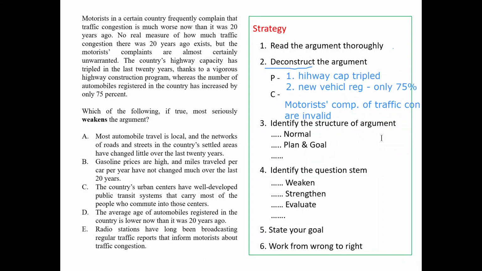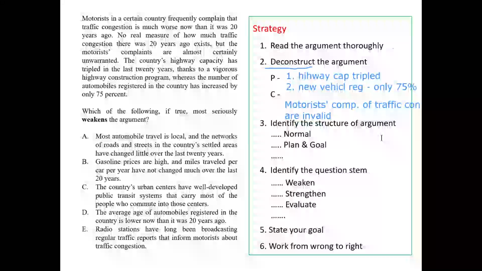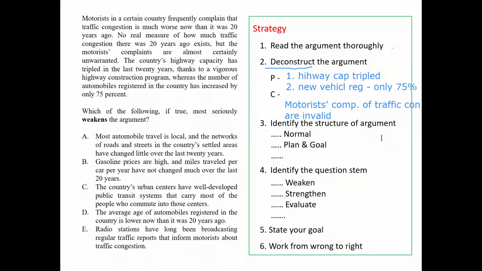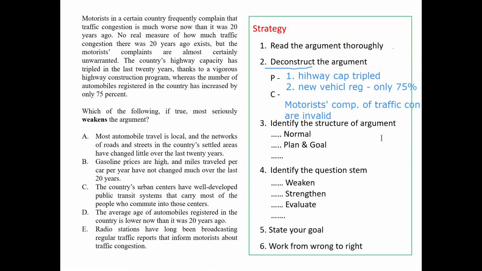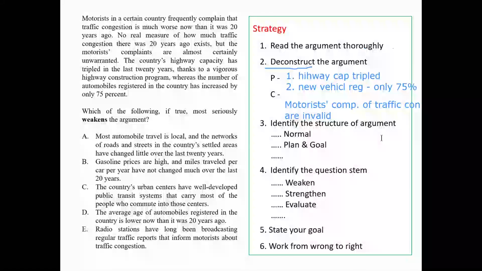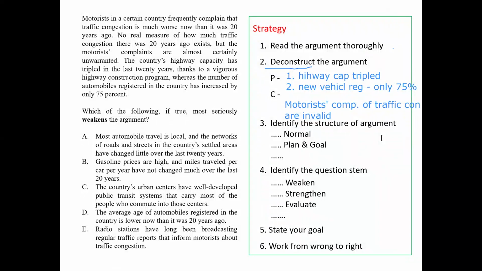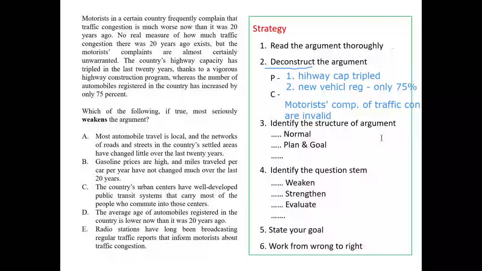So see how I have simplified the entire argument. You also have to practice in this way in the initial days of your practice. This kind of deconstruction will build up your reading and comprehension skills. In the real-time exam, you don't need to write it out. Your mind automatically makes deconstruction and gives you the information in short forms.